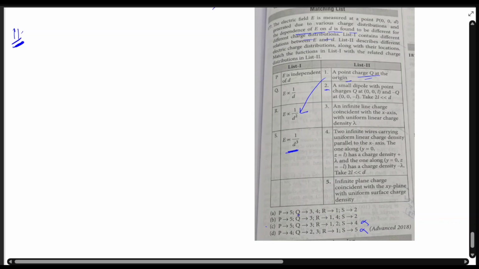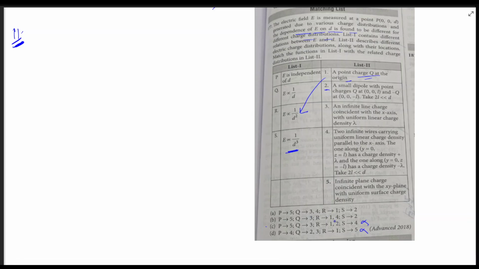Okay, Q3P. So we just have to check if R has 1 and 4 both. So R is this, 1 is right. Let's check the 4. So what is the fourth? Two infinite wires carrying a linear charge density parallel to the x-axis.